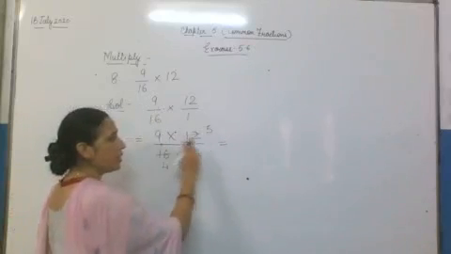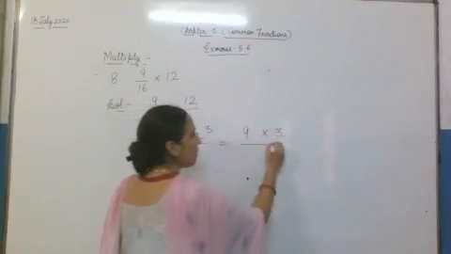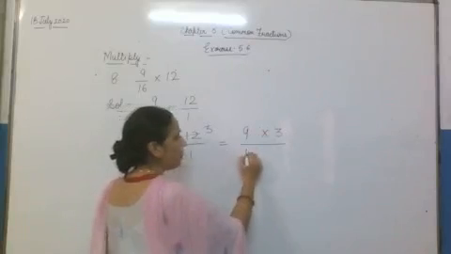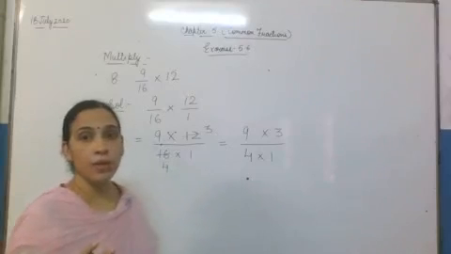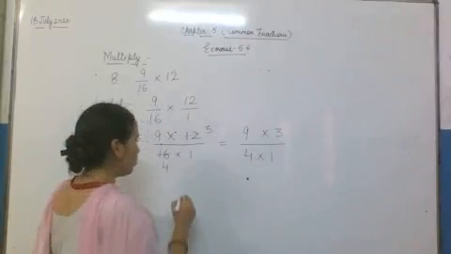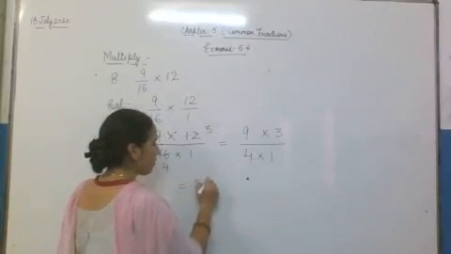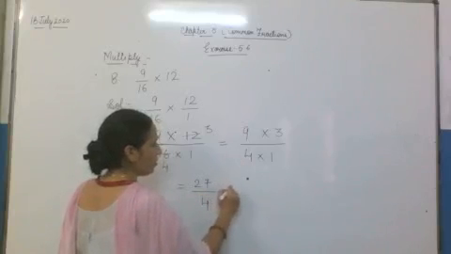Whatever numerator is left, 9 will be multiplied by 3, and 4 will be multiplied by 1. Now what will be the multiplication? 9 threes are 27, and 4 ones are 4.